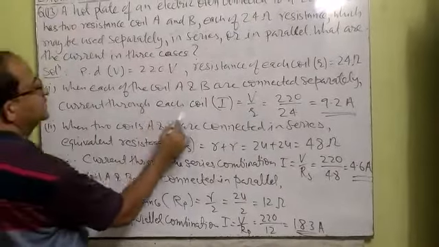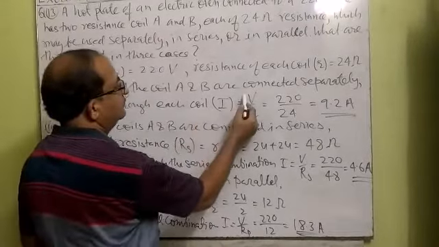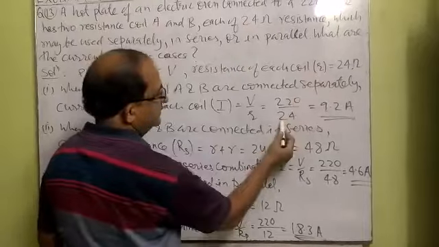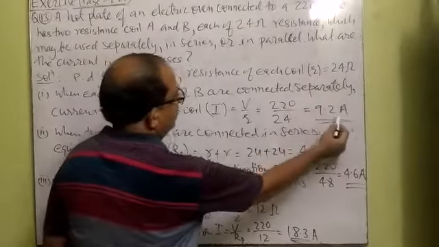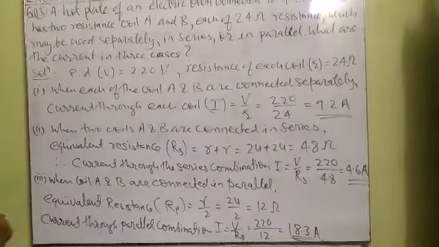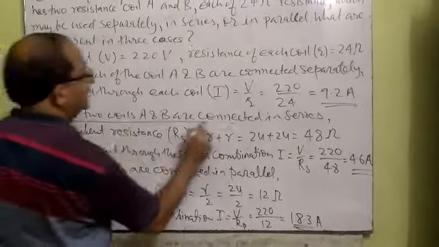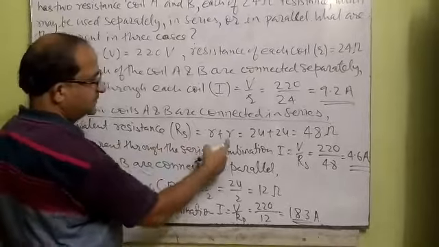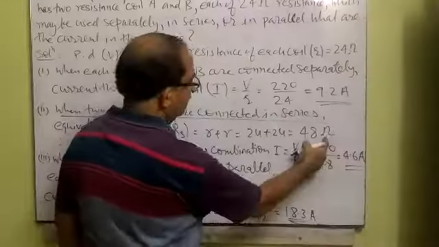then the current through each coil I can be calculated by V upon R. 220 upon 24 ohm, which is the resistance of each coil, so it is 9.2 ampere. Second part, when the two coils A and B are connected in series, their equivalent resistance in series will be R plus R, means 24 plus 24, 48 ohm.